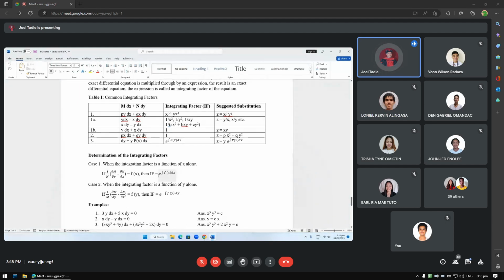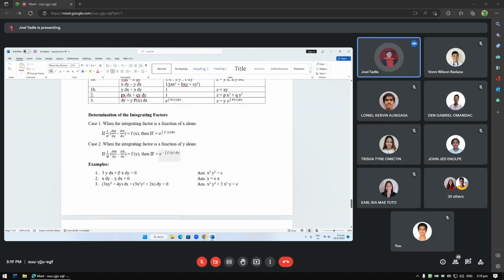So we saw, guys, that our IF is a function of x alone, e to the integral of f of x dx. Case 2 is a function of y alone, but with a negative sign. The IF is e to the negative integral of f of y dy, a function of y alone.